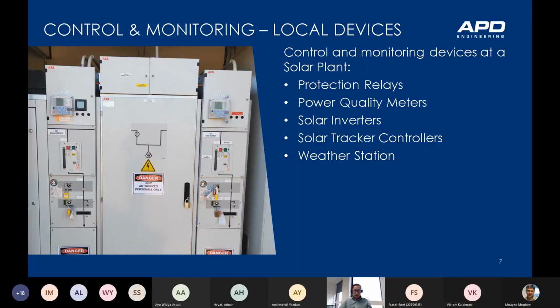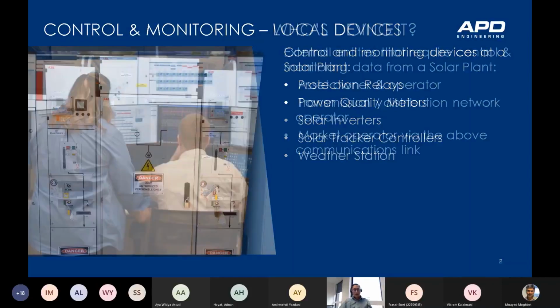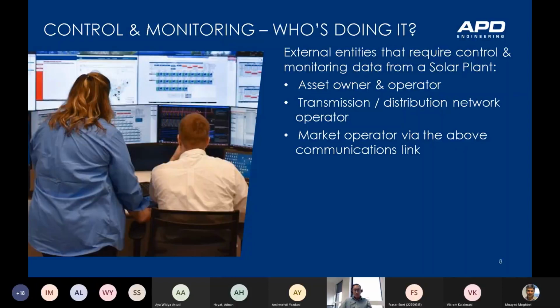You find protection relays, power quality meters, solar inverters, solar tracker controllers, weather stations, lots of other stuff. But who is looking at this stuff? Who's doing this control and monitoring? Who's interested? They're usually entities that are external or remote to the plant.